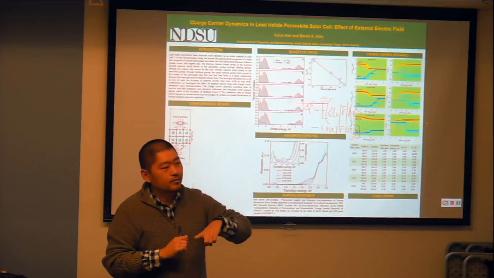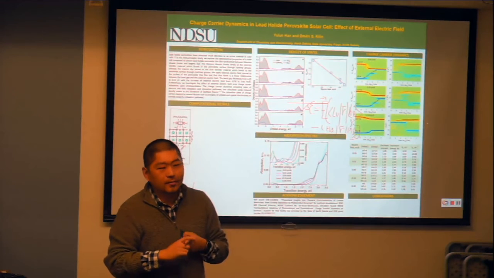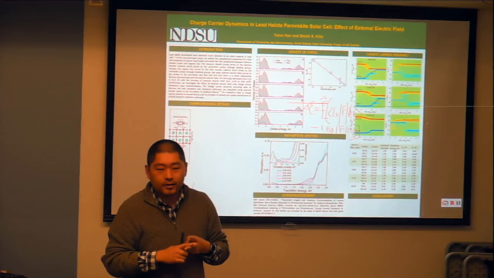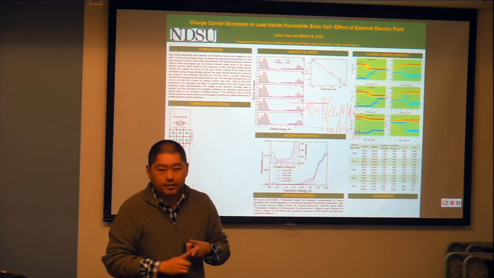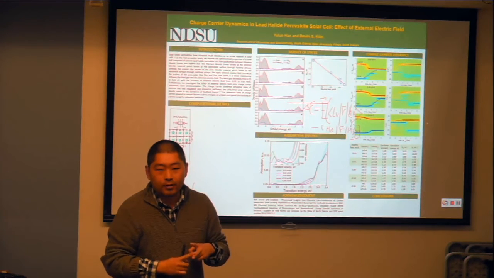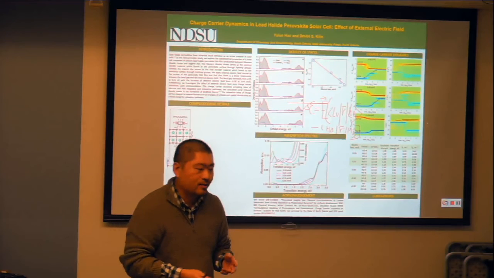So you have the subgap, and it's also related to the distance, like how many angstroms the carrier needs to travel.